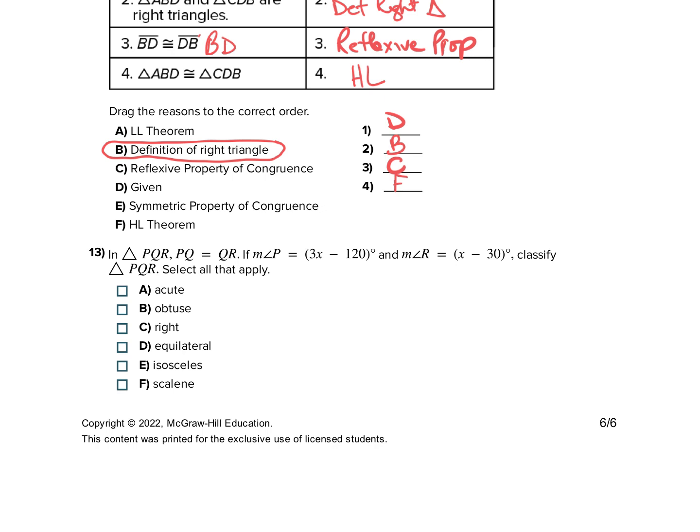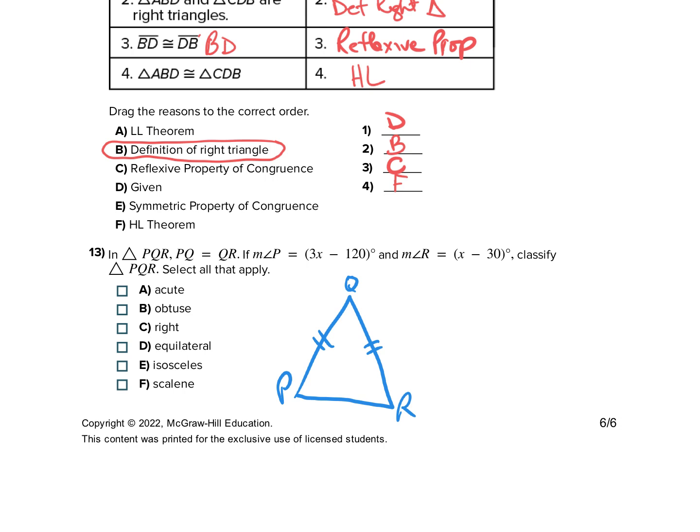All right. Number 13, again, I would draw a picture, because without it, I can't visualize it myself. So we've got PQR. We're told that PQ is equal to QR. Okay, so those are congruent.